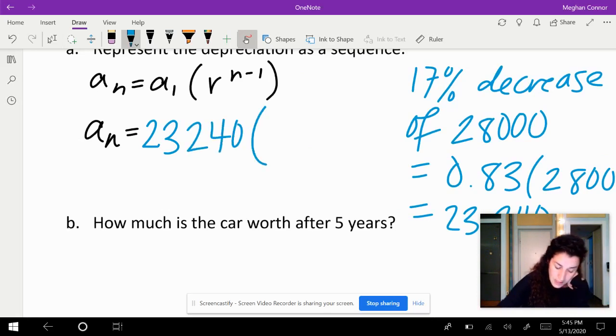23,240. Our rate is 0.83, as we've talked about, to the n minus 1.